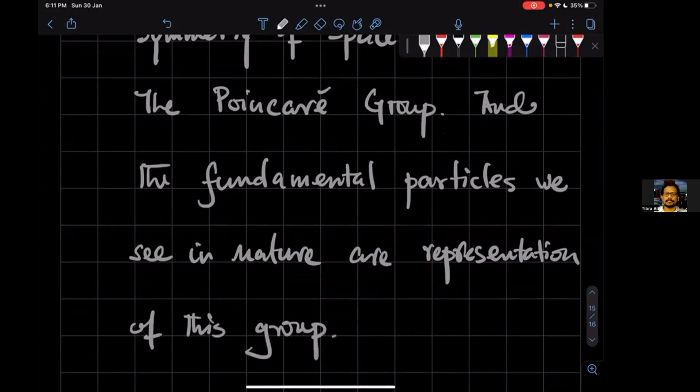What's interesting is that there are representations of this group that nature doesn't seem to use. There are quantum field theories, physical theories people have developed based on those representations, but there is no particle in nature which obeys that representation. So it seems like nature does not always use all the math that it could use, okay?